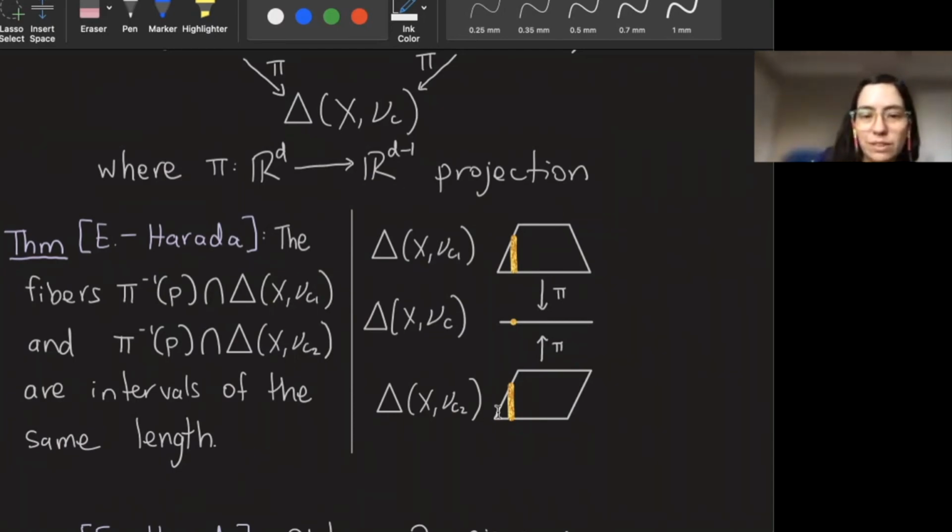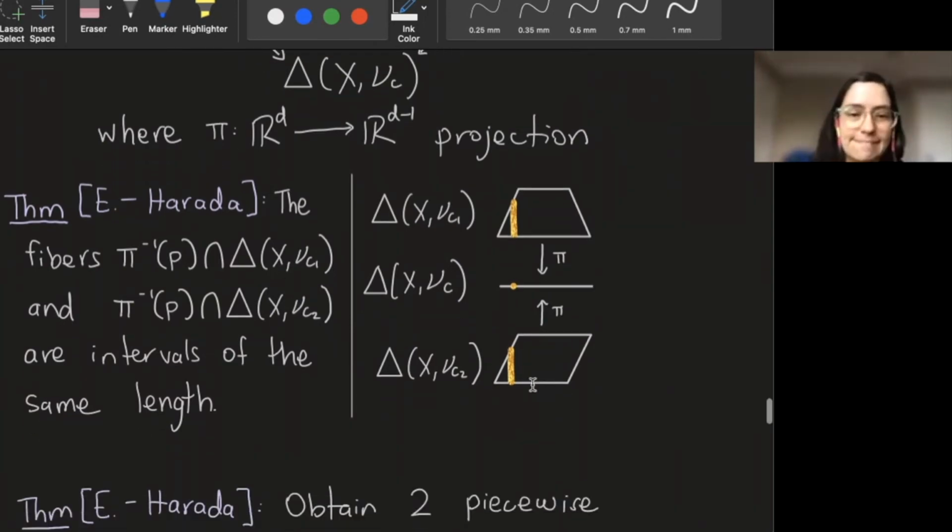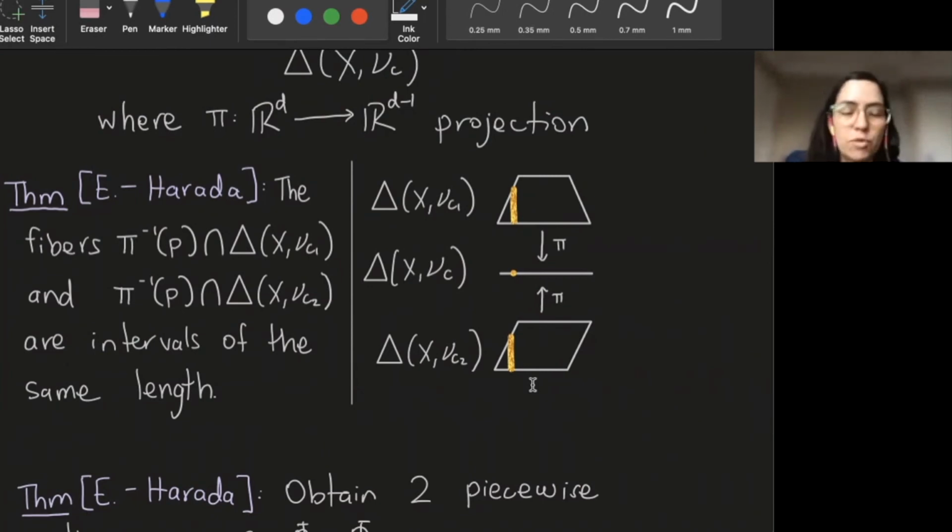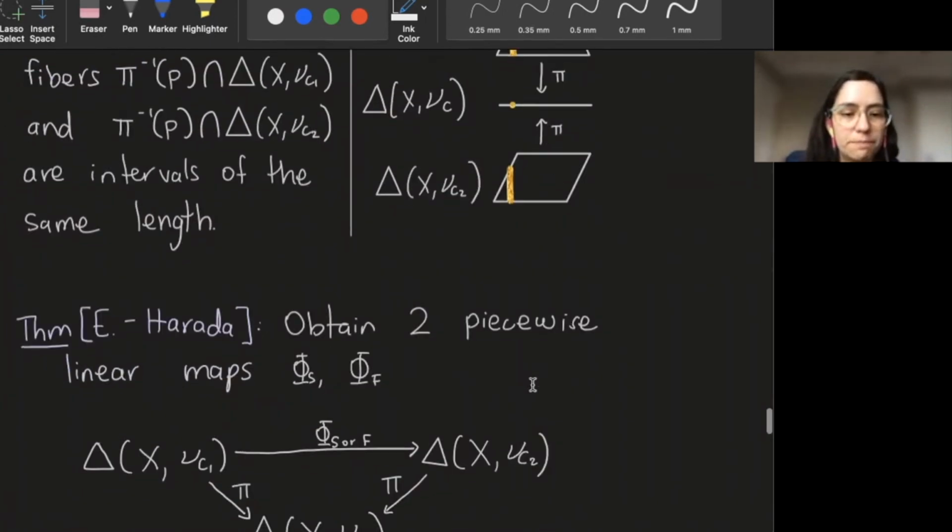In this particular case, you can leave this whole piece fixed and then start shifting columns on this triangle up so that it becomes this shape. So that's one of the piecewise linear functions we have.